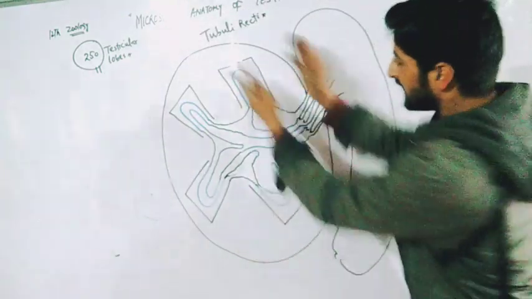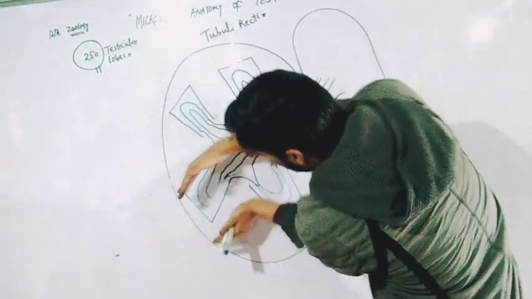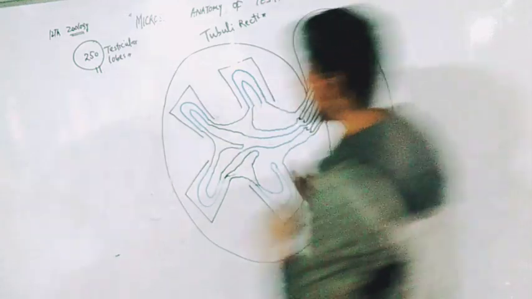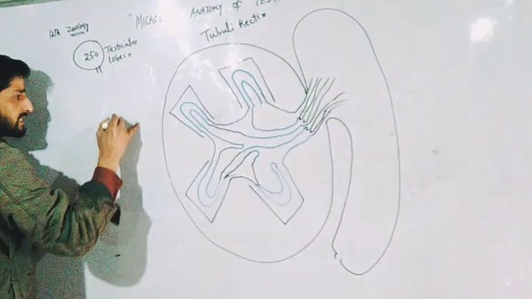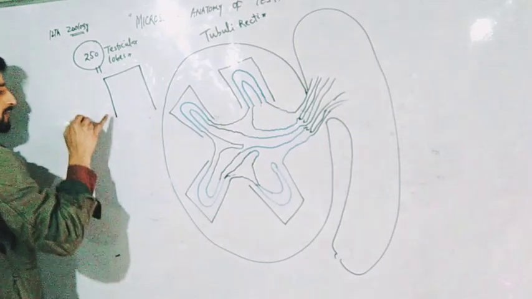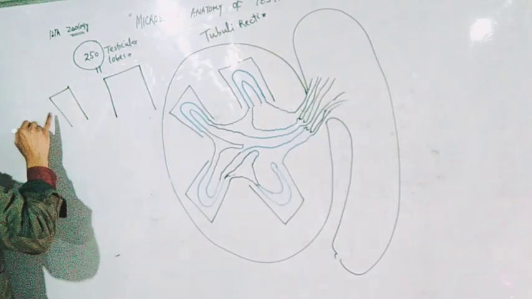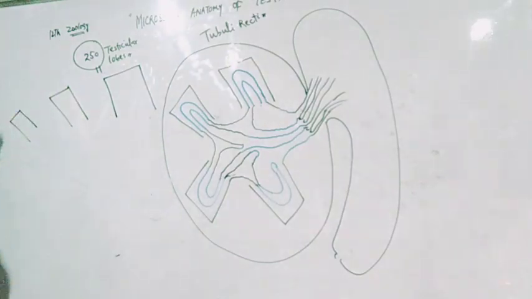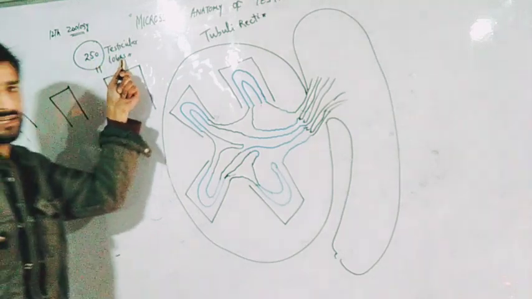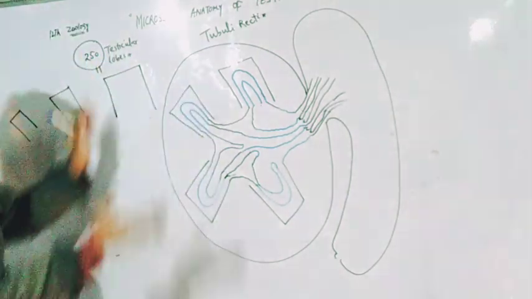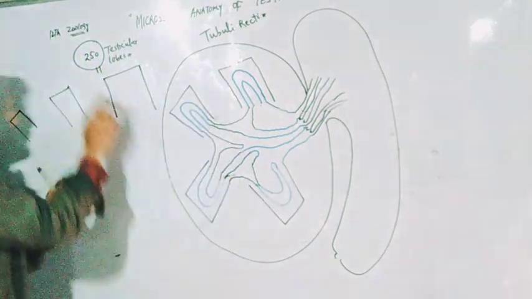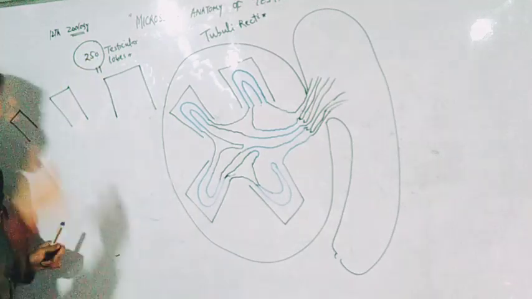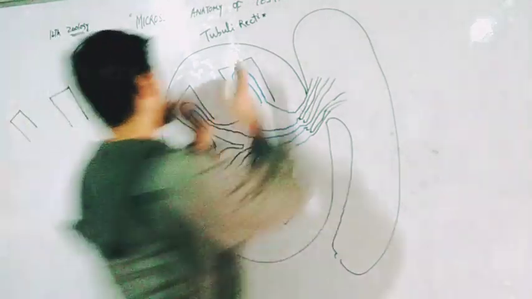inside the testis there are a large number of compartments. Here I am drawing them separately. These compartments are known as testicular lobes, and in each testis there are approximately 250 lobes.